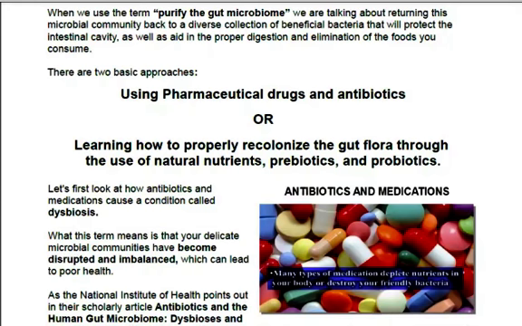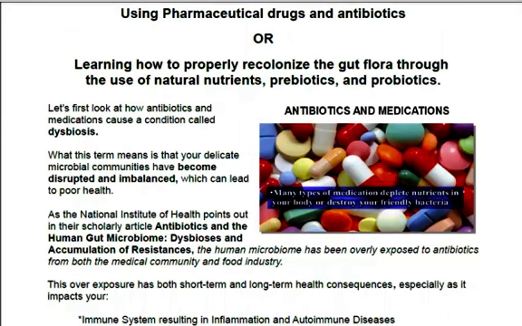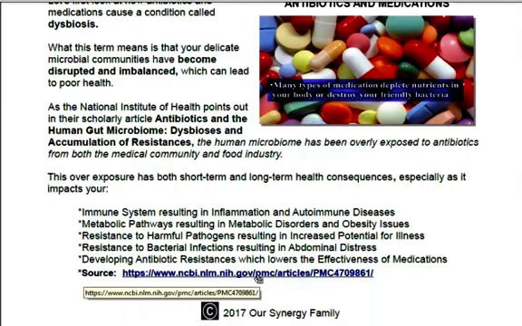One of the things I've done in this ebook is, it's not my opinion, and it's not your opinion, but the opinion of the National Institute of Health. I picked up an excellent article called Antibiotics and Human Gut Microbiome, Dysbioses and Accumulation of Resistances. This is not you and I having this position, but actual government studies showing how antibiotics and medications are causing a whole host of problems because of how they create dysbiosis in the abdominal cavity.